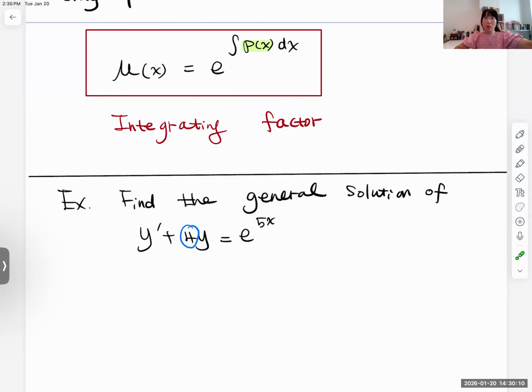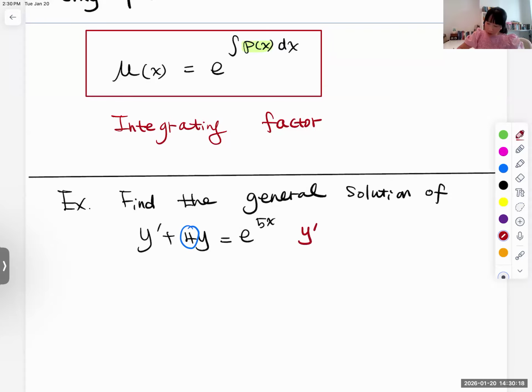This is a first order linear form: y prime plus p of x times y equal to f of x, where p of x can be a constant or a function.